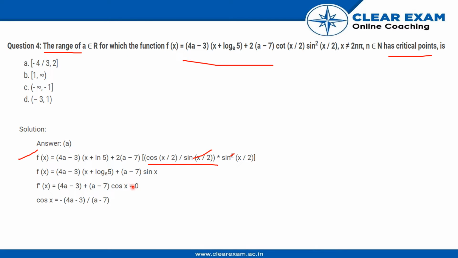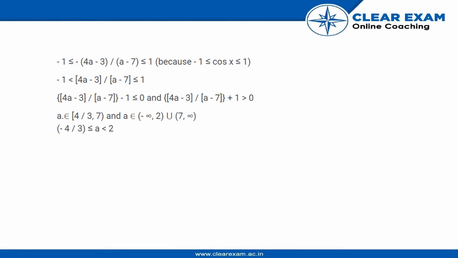Now how we do it is we put the derivative equal to 0, and once we put that value, we get cos x on one side and a function of a in a division form on the other side. We know that cos x lies between -1 and +1. So we use that, and a lies between -1 and +1.